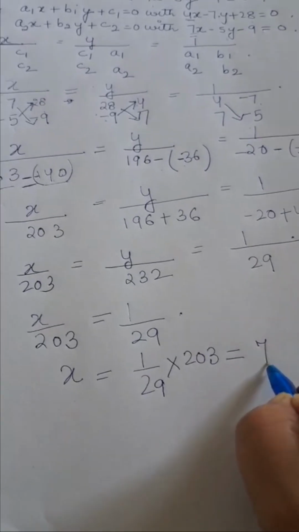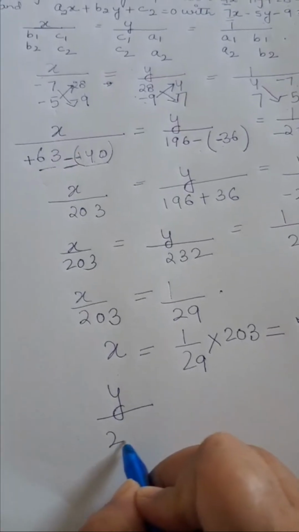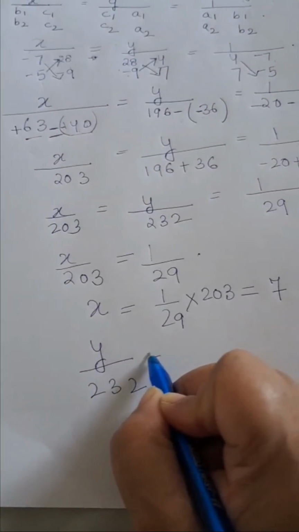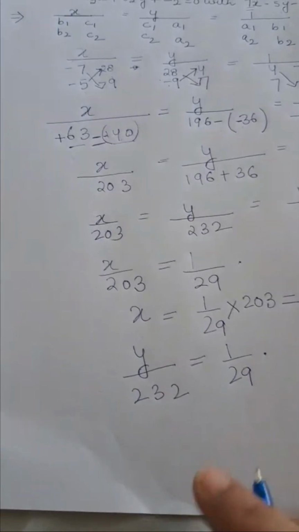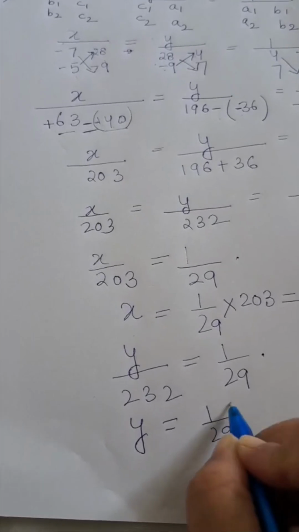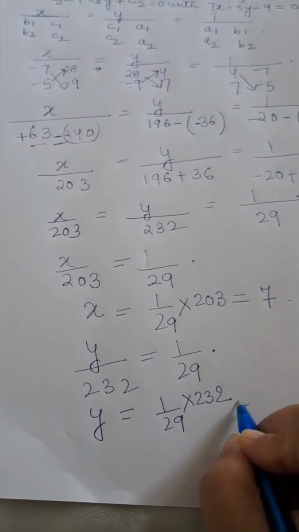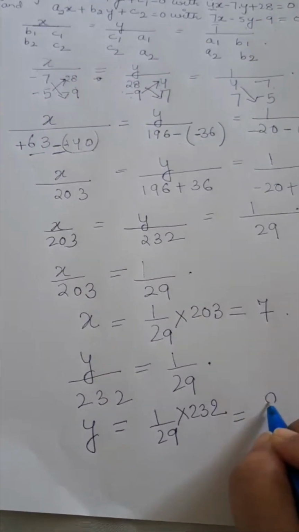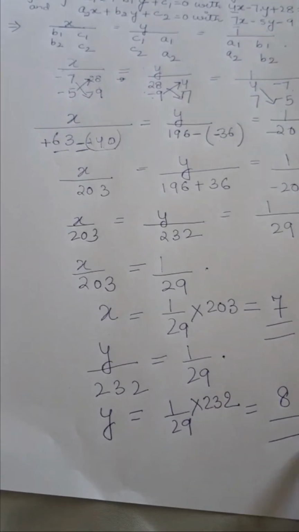So x is 7. Same way, y upon 232 is equal to 1 by 29. Fine. So y is 1 by 29 into 232. Right. So 232 upon 29 is 8. So we get the values of x and y like this.